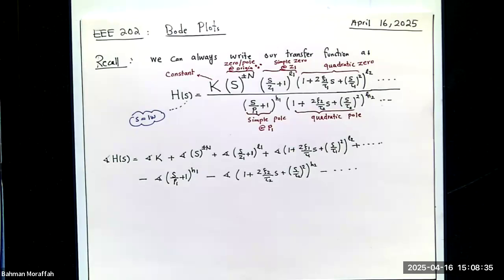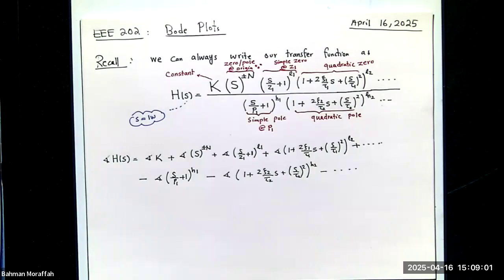We define the decibel scale to be 20 times log 10 of the magnitude of H of S. As soon as we look at 20 times log 10 of the magnitude, all these multiplications become summation, and that division becomes subtraction. That's just a property of log, right?